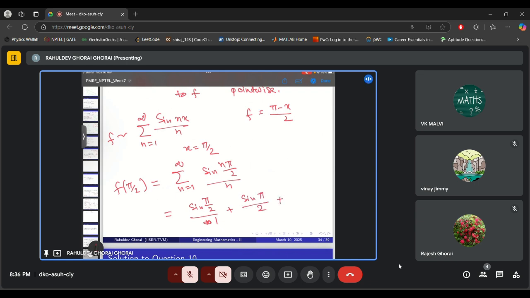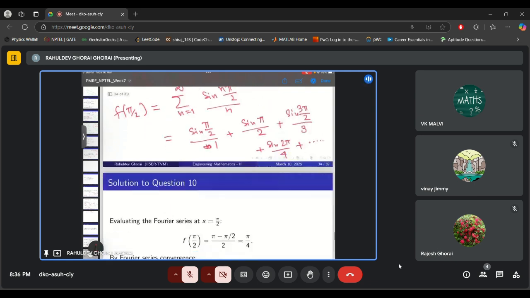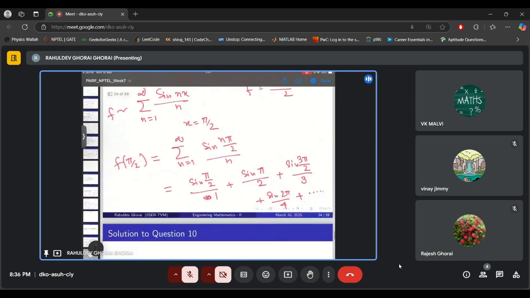Because I want the even terms to vanish, sin(pi) will be 0, sin(2 pi) will be 0, like that it will keep on going. But what about sin(3 pi/2) over 3, plus sin(2 pi) over 4, and it will keep on going. And if you see, sin(pi/2) value from here will be 1. What is sin(3 pi/2)?